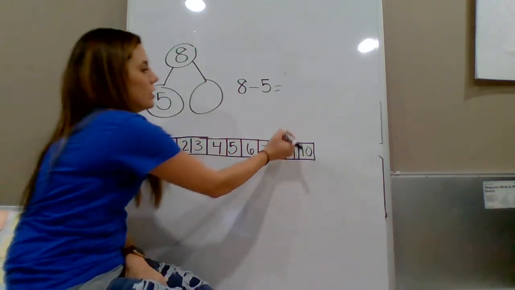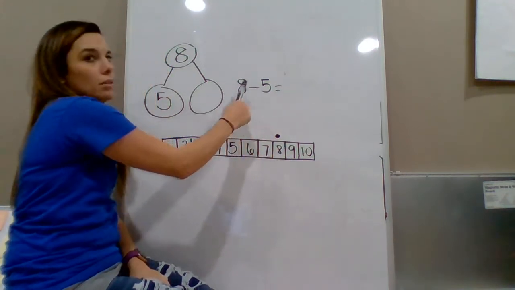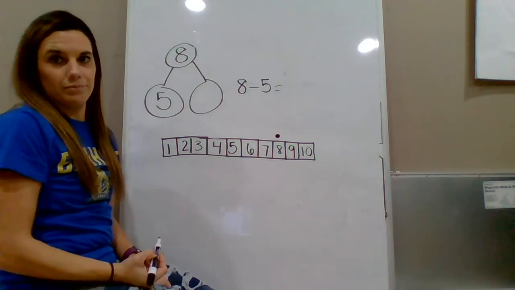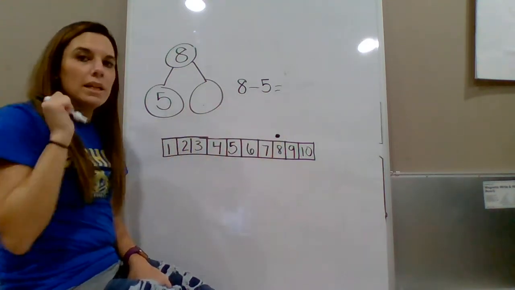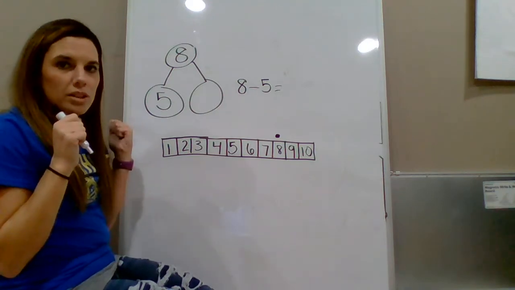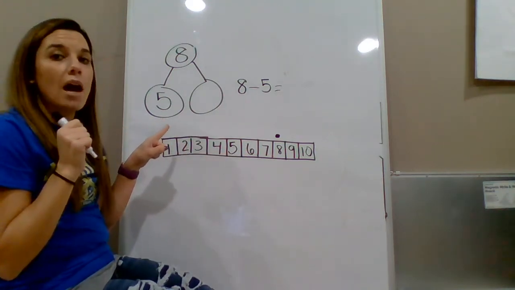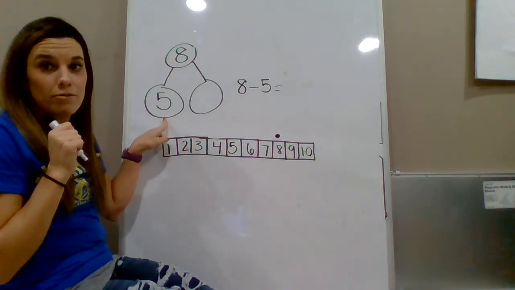I'm going to start at the number 8 because that is the biggest number in my problem. I'm not changing my numbers. Okay, how many bunny hops backwards am I going to do? Remember, we're subtracting, so we have to go back. 5.